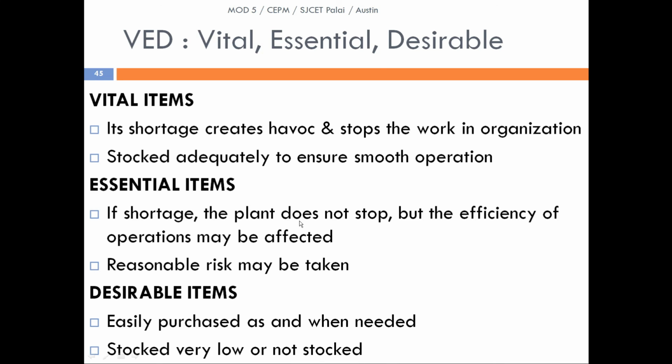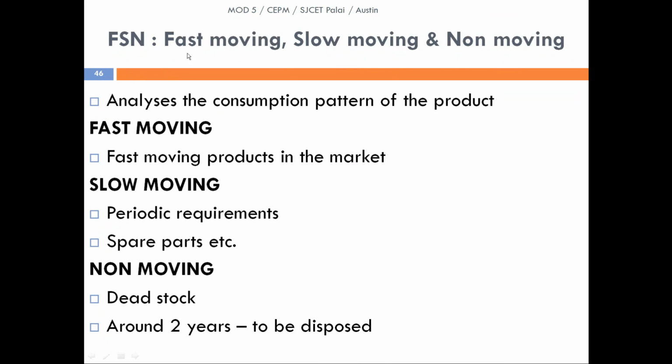Essential items are those where shortage does not stop the work but the efficiency drops, so these also have to be taken into consideration. Reasonable risk may be taken. Desirable items can be purchased as and when needed. They do not create much problem. Even though these desirable items are not available, it does not interrupt the work at any point of time. So this is just an inferior method, the VED method.